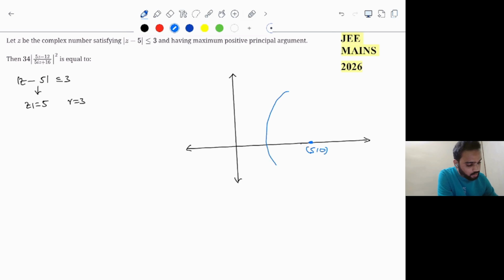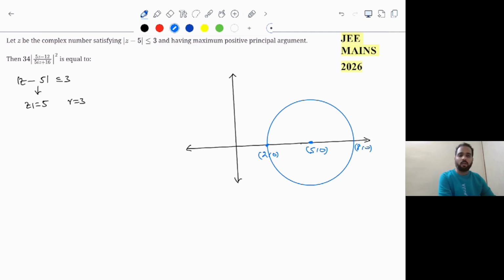And let's take the circle with center at 5 comma 0, and we have to make sure radius is equals to 3 units. Okay. So if the radius is 3 units, obviously this left extreme will be 2 comma 0, and this will be 8 comma 0. Now this is the meaning of first inequality.